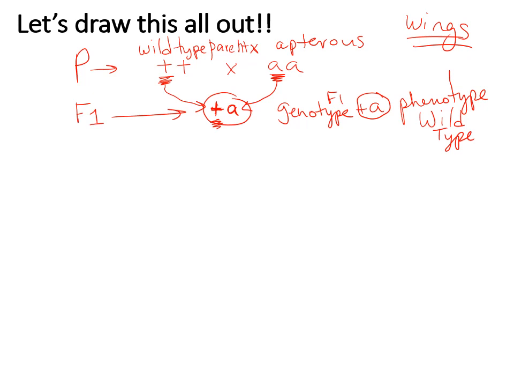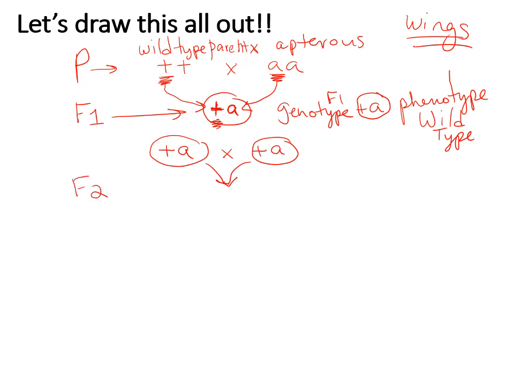Now what you want to do to make the F2, you cross 2 of the F1 flies together. So you cross one heterozygous F1 fly with another heterozygous F1 fly in order to make the F2 generation.